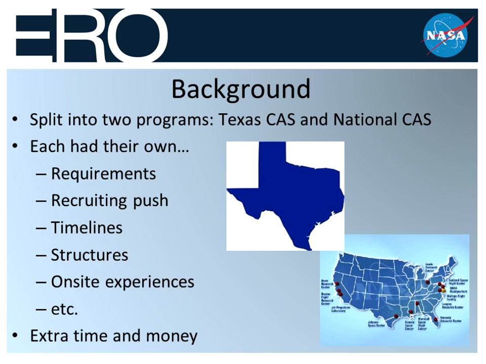We had different recruiting pushes, which really kind of hurt us here in Texas because we were almost competing against each other for similar students, and we had different timelines, which meant that we may be starting the NCOS, the national program, in September, but then we wouldn't be starting the Texas one until October, and then things would get very complicated on our end.